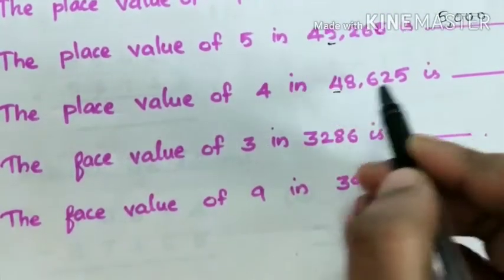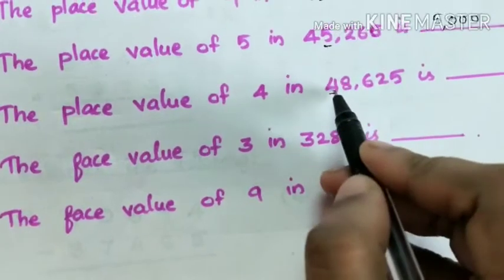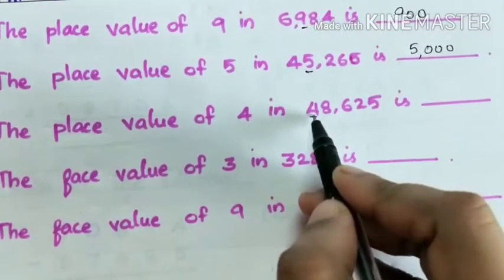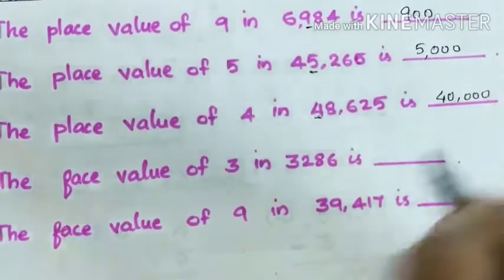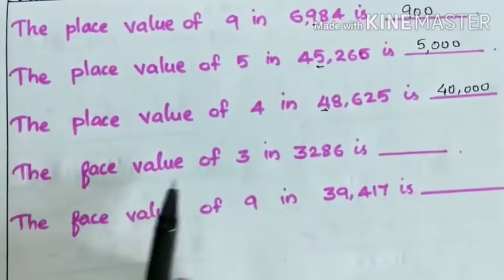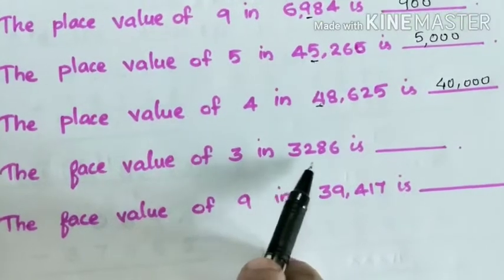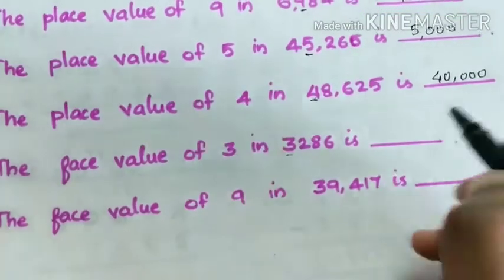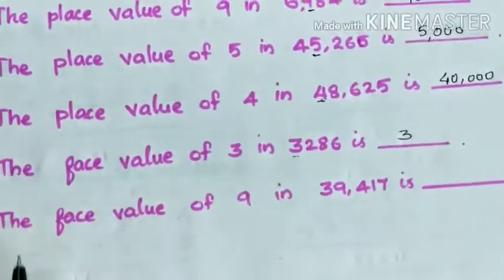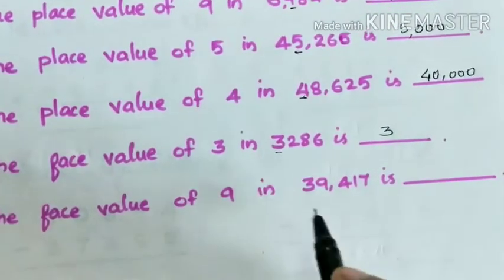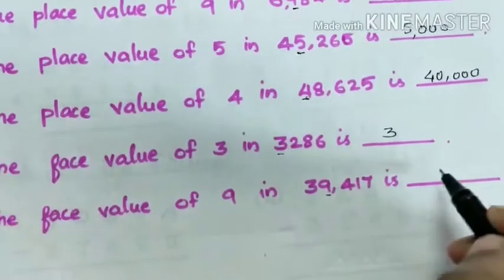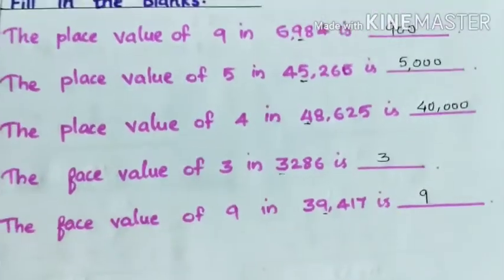Ones, tens, hundred, thousand, 10,000s. 4 10,000s or 40,000. The face value of 3 in 3,286. Face value is the same digit, 3. The face value of 9 in 39,470 is 9.